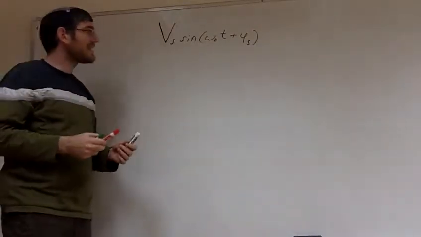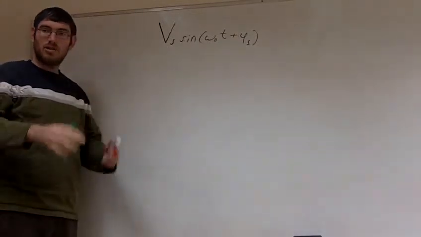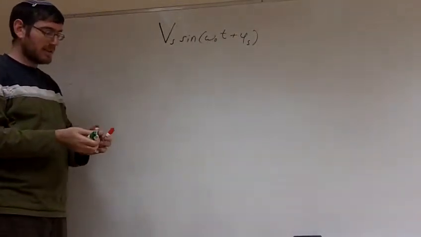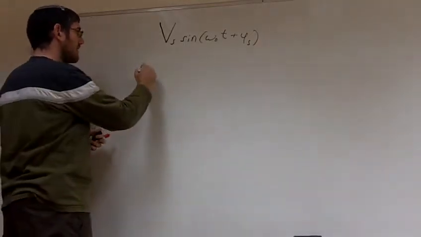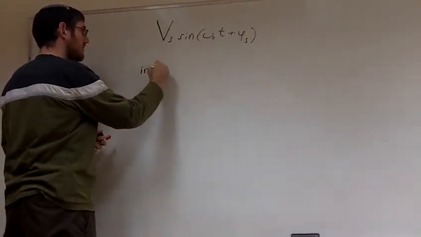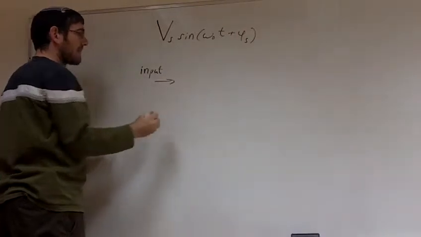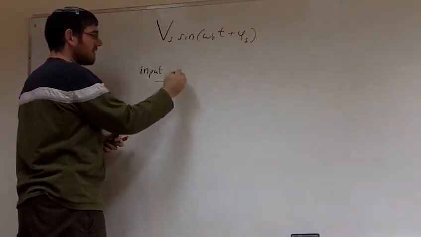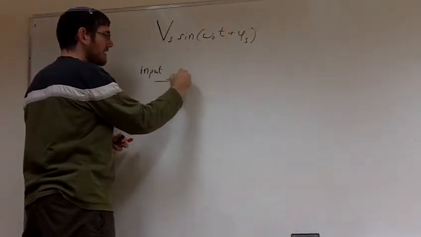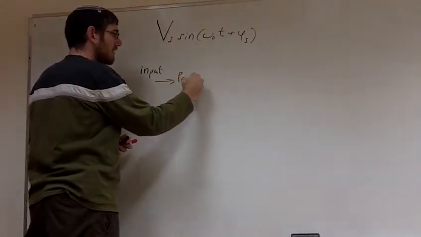So how does a simple lock-in work? Then we'll go into how our lock-in works. A simple lock-in has an input signal, and a first preamplification. Most lock-ins have a first preamp.